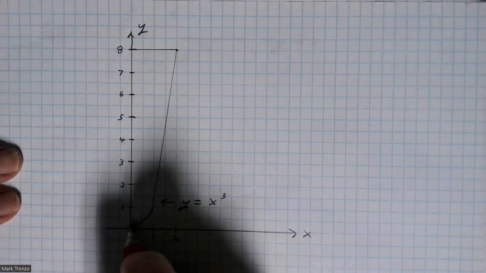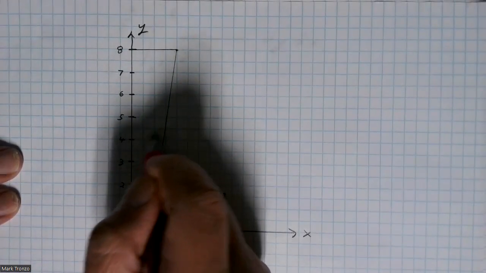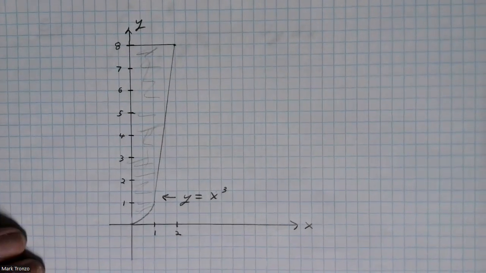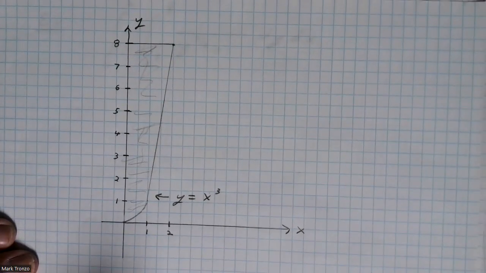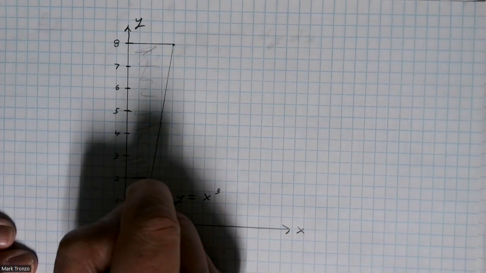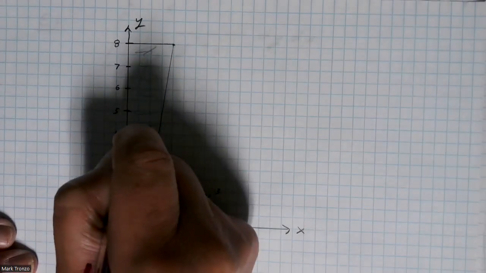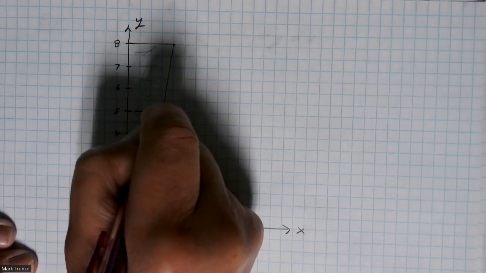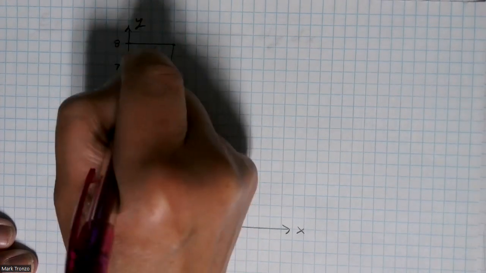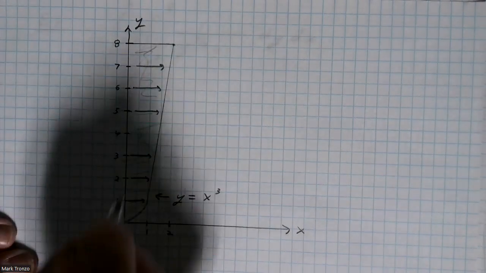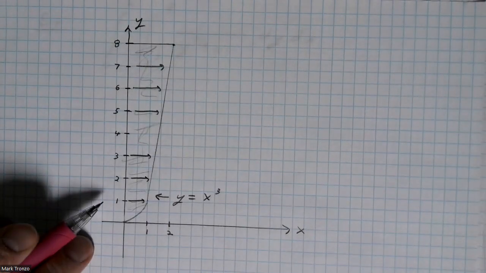So the original integral covers this region here. So now we want to do x first. So just like before, you can make arrows in the positive x direction. And you don't need to put all these arrows, but it's just to get an idea of what we're doing.